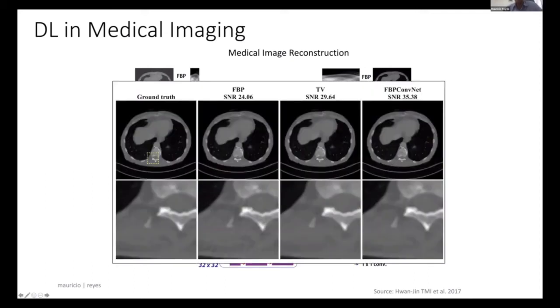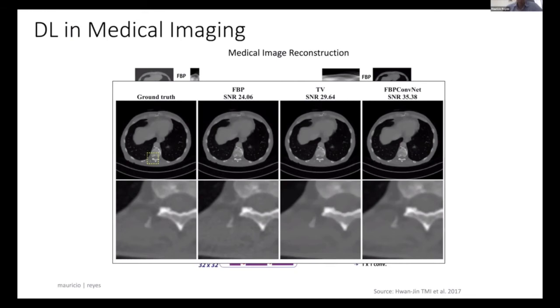The results are promising. You see an increase in the signal to noise ratio. You have sharper images, and there is added value in using these technologies for the sort of post-processing that's incorporated in the quality of these images.